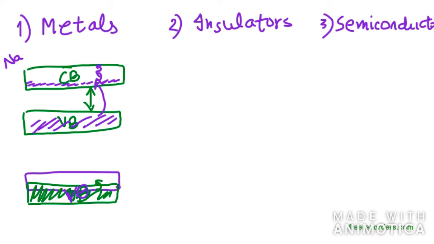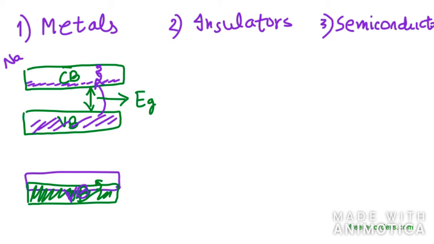They don't have to cross the forbidden band gap energy, which is defined as Eg. There is a forbidden gap energy between the conduction band and the valence band, but here they don't have to travel much. So if you apply even a small electric field, the metal conducts electricity. That's the reason behind it.